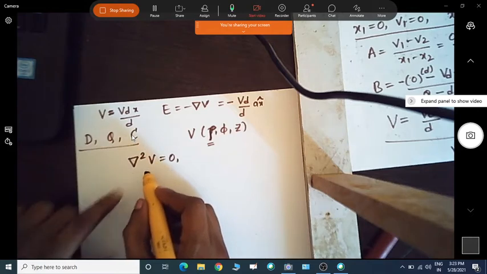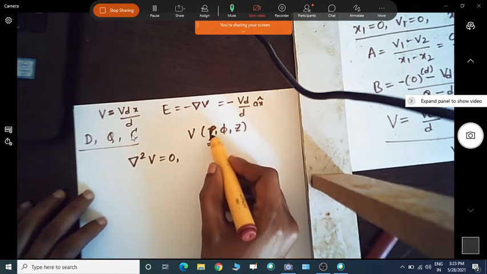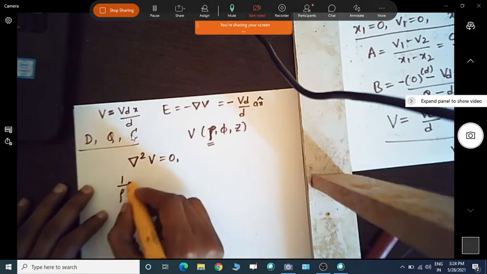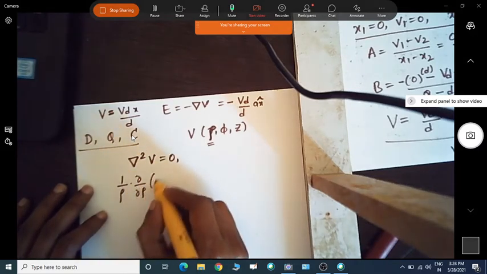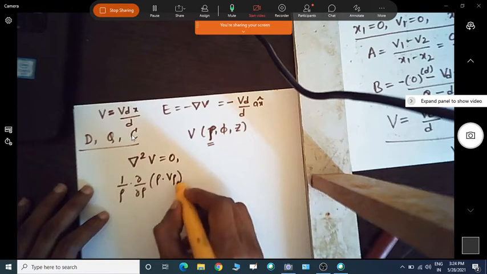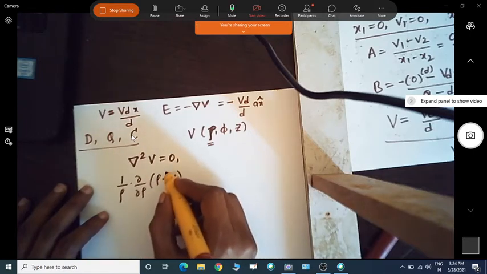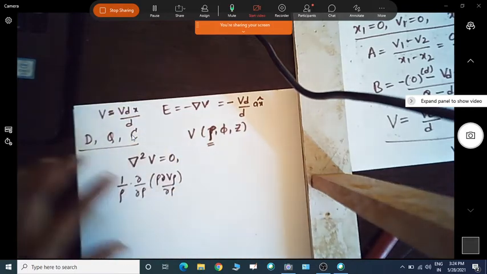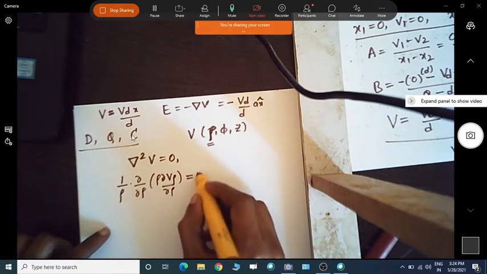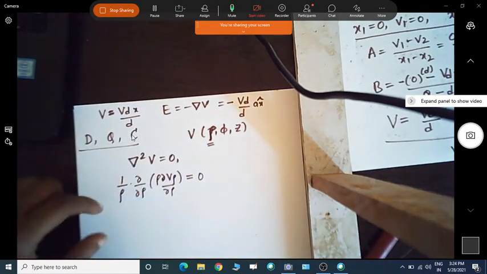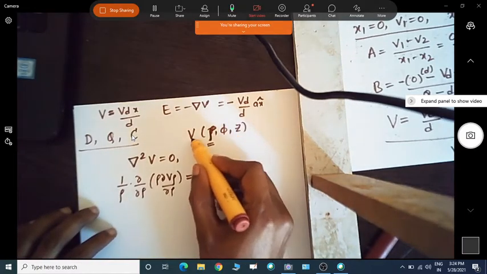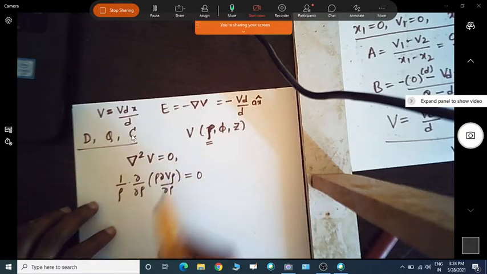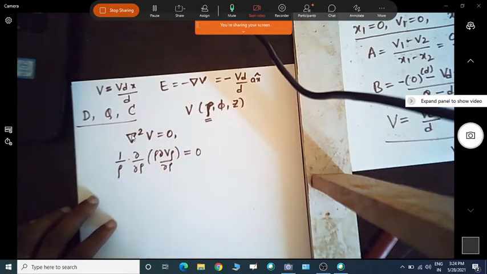In cylindrical coordinate system, if I take only rho, we get 1 by rho into del by del rho of rho into del V by del rho equals 0. This is the Laplace equation for cylindrical when V is a function of rho.